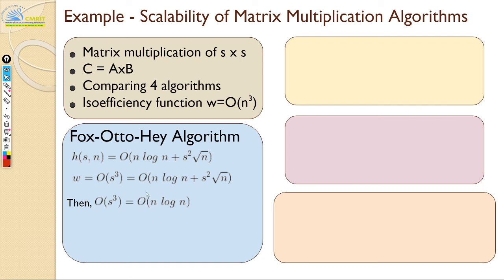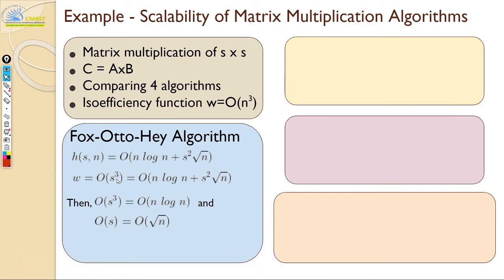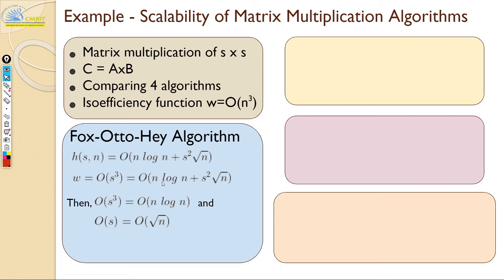Then you can also say that it is O of n log n. Then you also have O of s same as square root of n, because O of s cube is equal to O of s squared square root of n, so your O of s becomes big O of square root of n. You can infer these two from this one expression.